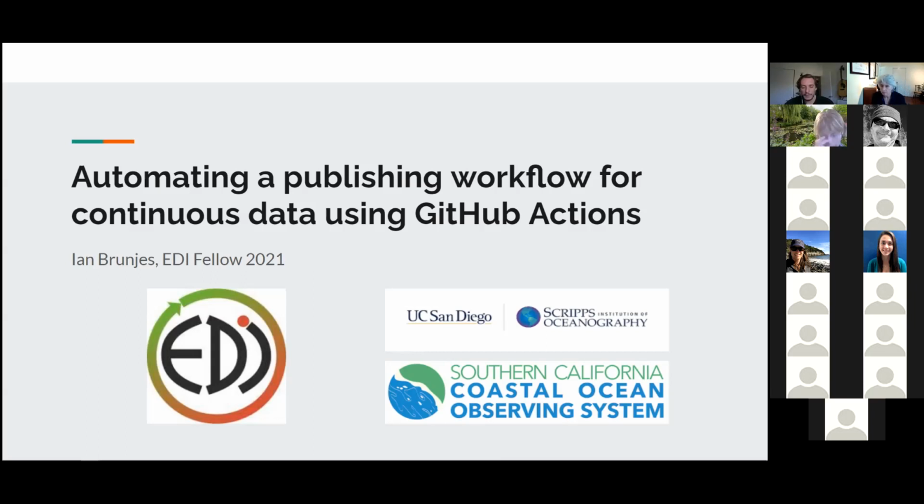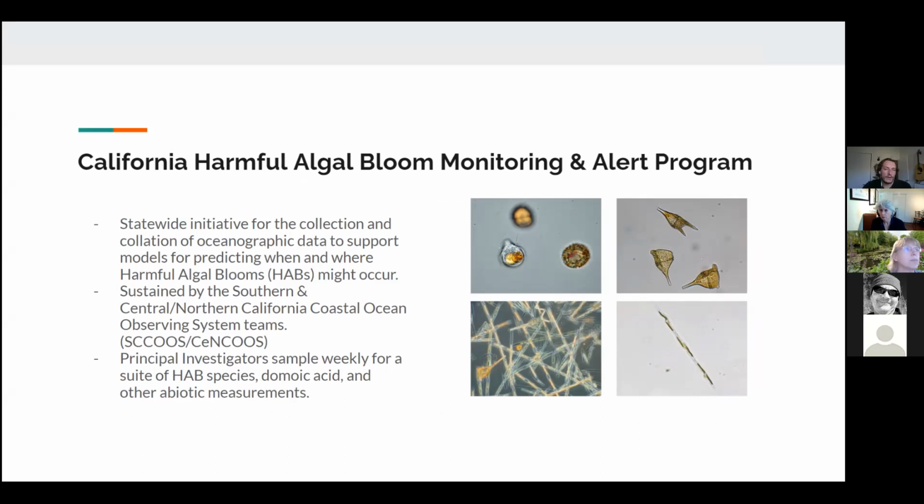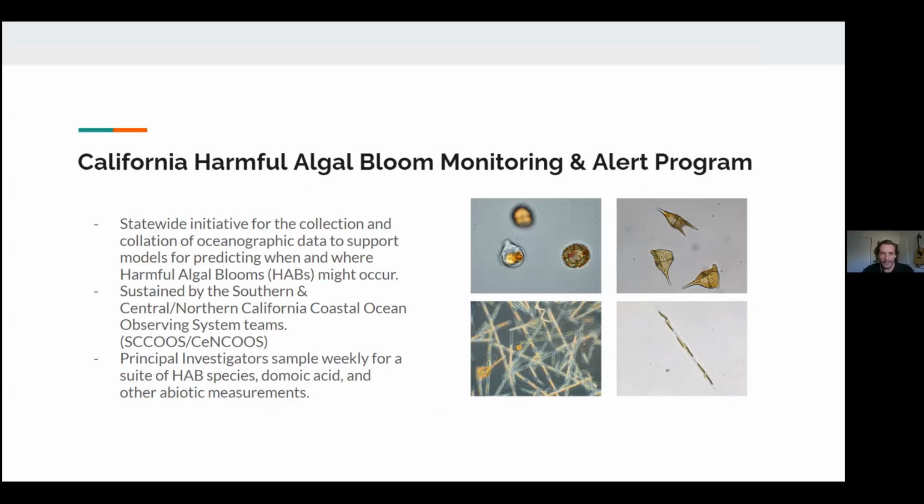So for just a little bit of additional context on the project that I was working on with the SCOOS team, it's called the California Harmful Algal Bloom Monitoring and Alert Program, or CalHAB-MAP, which doesn't even really help to make it that much shorter.